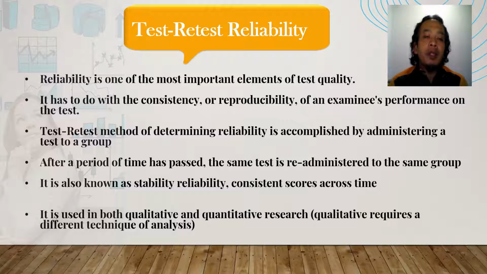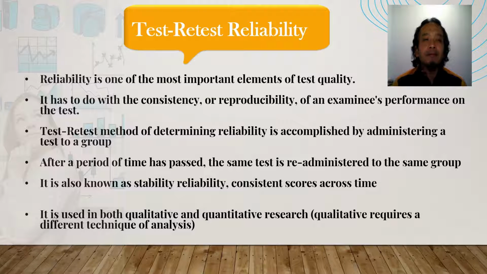After a period of time has passed, the same test is re-administered to the same group. It is also known as stability reliability, consistent scores across time. It is used in both qualitative and quantitative research. Qualitative requires a different technique of analysis.